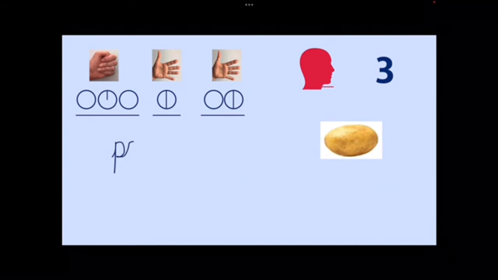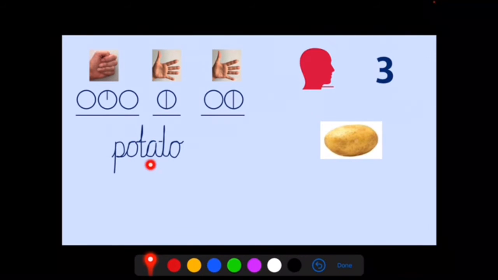P is P, O is O, T is T. Then I could hear A, all on its own, so I've written the letter A. And here we spell the last syllable like a syllable. I could hear T, so I write T. Then I could hear O, so I write O.